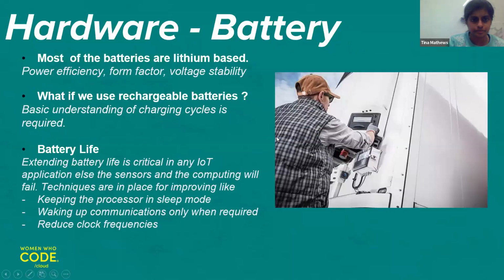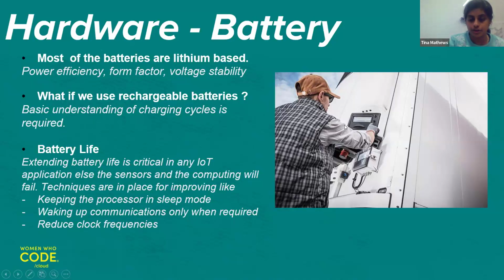And most of these hardware, the batteries, tend to be lithium based. So we need to check for power efficiency, form factor, and voltage stability, because most of these modules have a small form factor. So the battery should also be small. Of course, we can use rechargeable batteries, but then we need to understand how often we need to replace them.